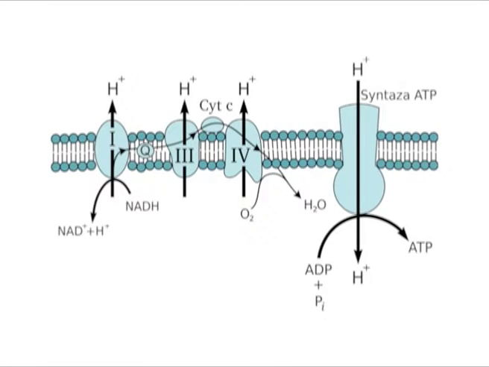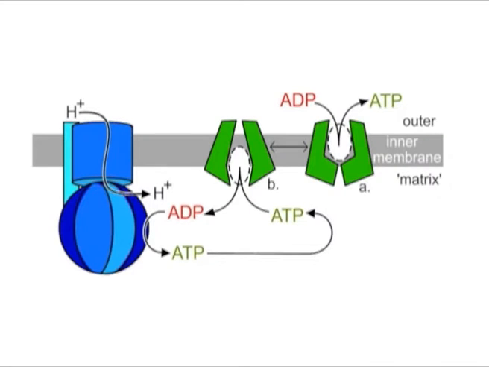Only 3 of the 4 mentioned electron carriers are capable of transporting protons from the matrix to the intermembrane space: 1, 3 and 4.